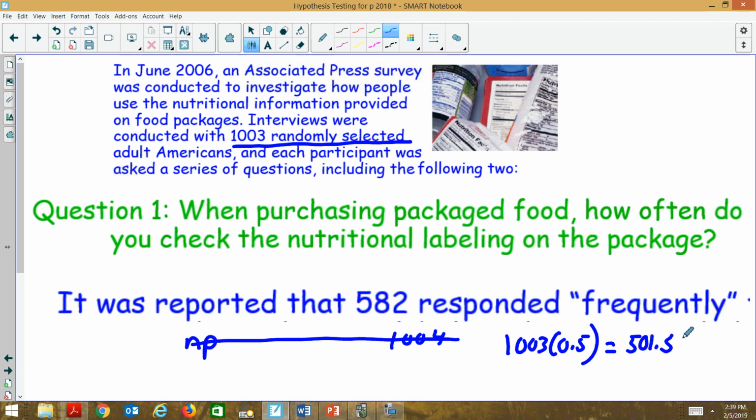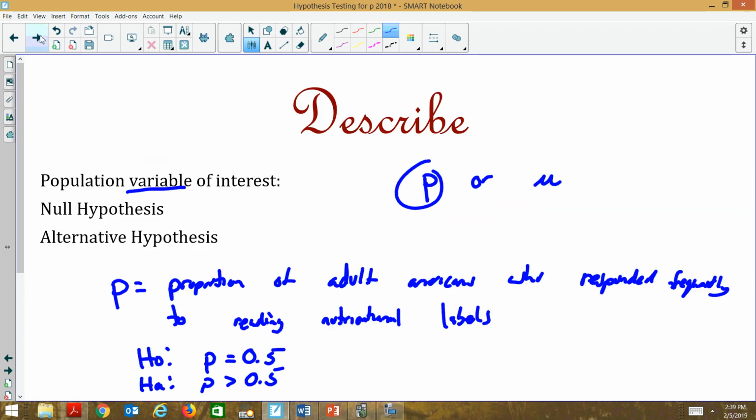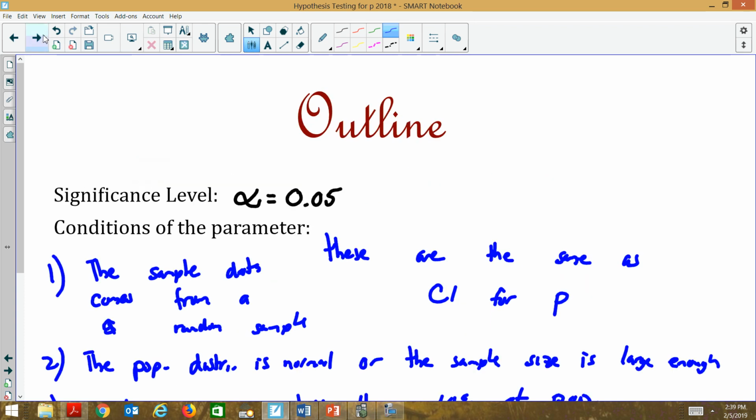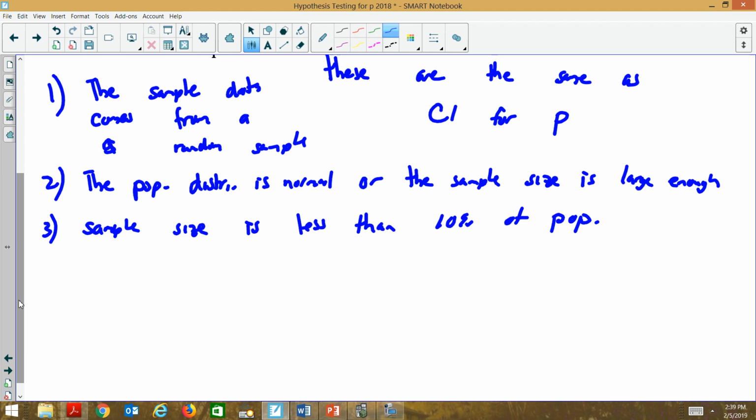So yes, the sample size is large because n times p is greater than 10, as it equals 501.5. And then n times 1 minus p is also equal to 501.5. So all 3 sample properties do match.